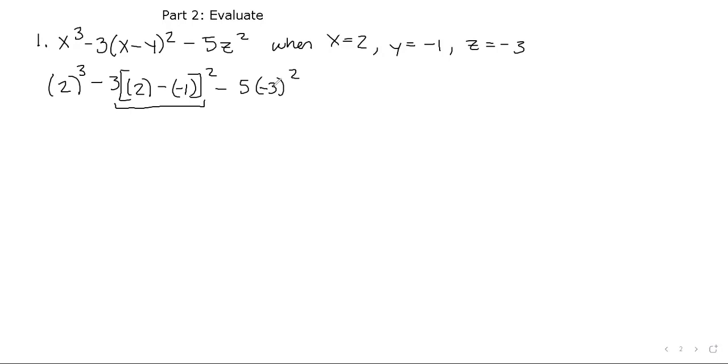Now, because of the separation we have, if you're ready, you can do this and do this, okay? But we're going to wait. So I'm going to bring this down.